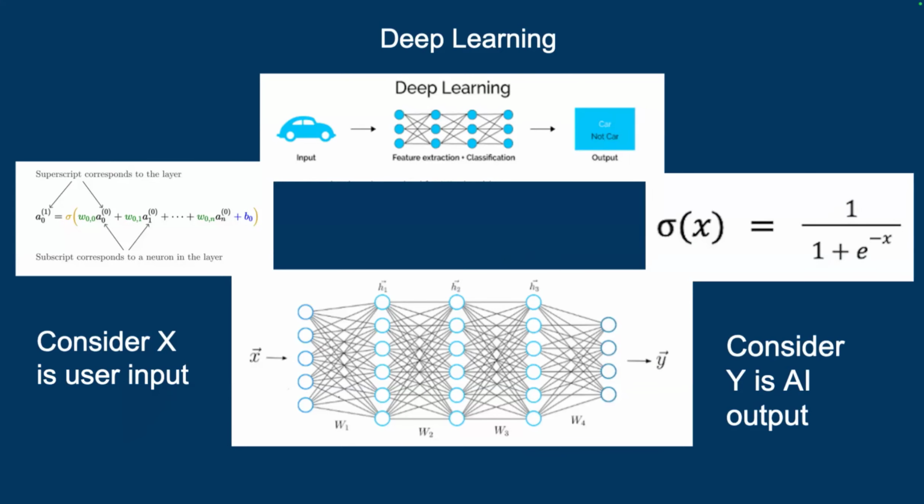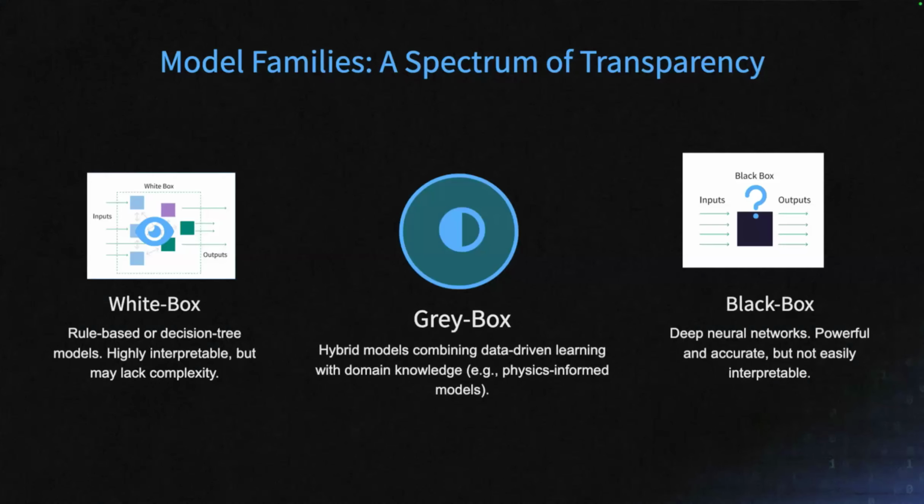The model families of AI are black box models, some LLMs. Maybe you don't know them, but Elmo is an LLM like ChatGPT where you don't know what's happening inside the black box.